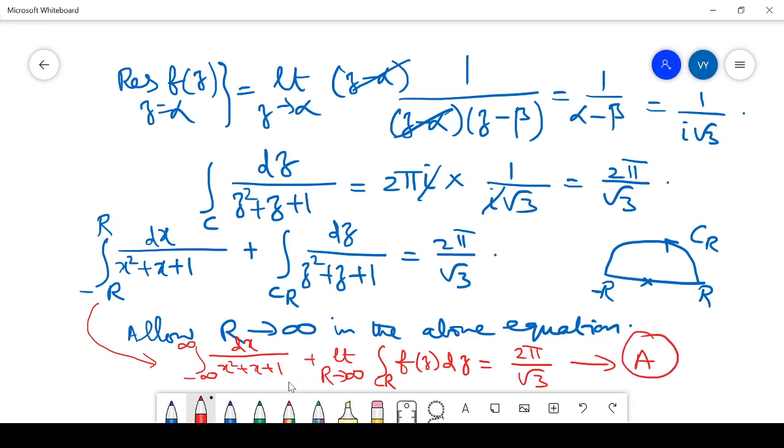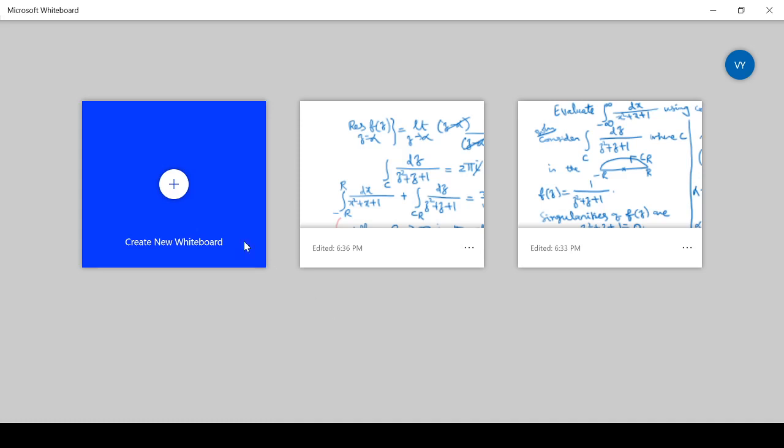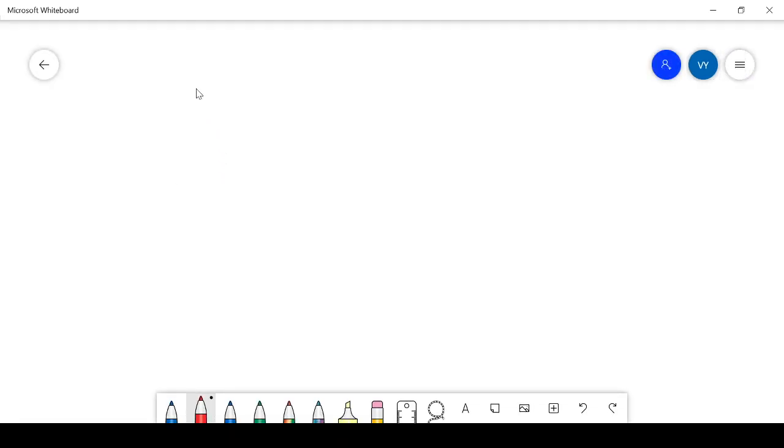Suppose I want to calculate the value of this integral, I should know the value of this particular integral. So let us see what the value of this integral will be. First, I calculate the modulus of integral over CR dz by z squared plus z plus 1.